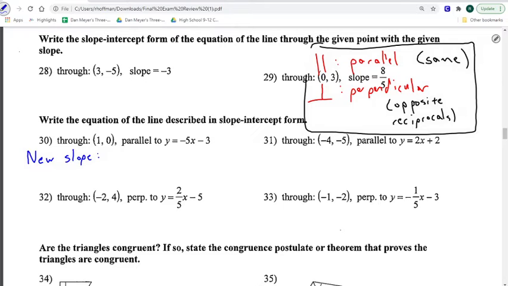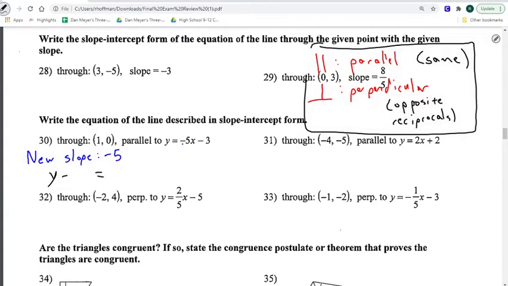Our new slope, since we want the line to be parallel, here's our slope. It's a -5. And we just want it to match. So our new slope is also going to be -5. So that's going to make things nice and easy for us because we don't have to do anything to the slope. We can just keep it the same.